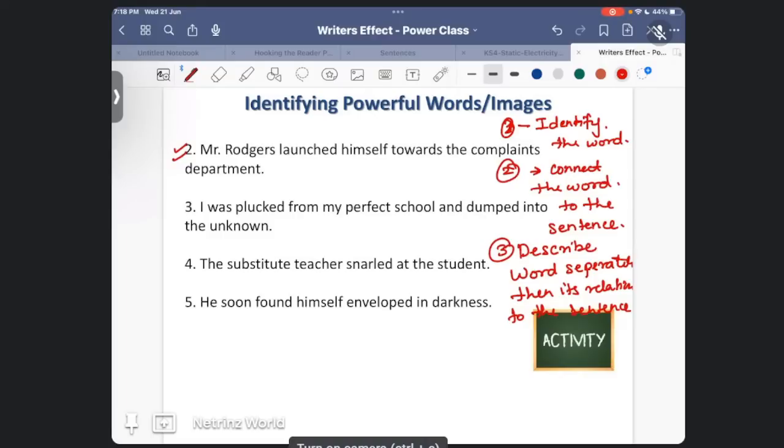If you both are done, just hit enter. Now, yes, you can go ahead.